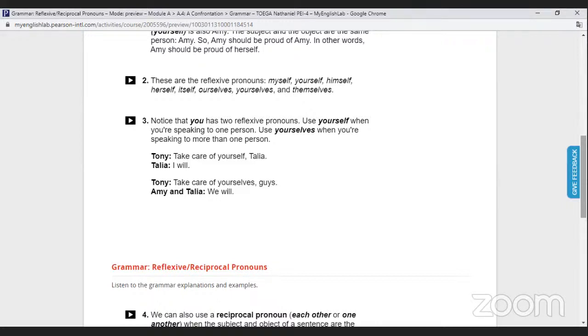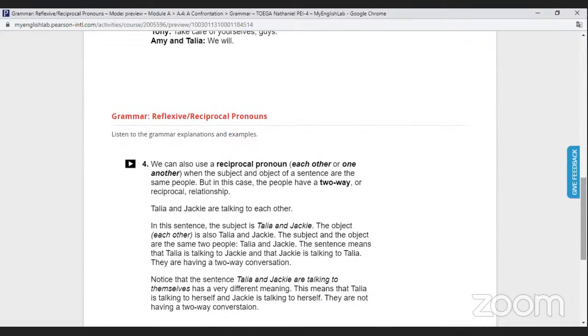Use yourselves when you are speaking to more than one person. The examples, please. Take care of yourself, Talia. I will. Take care of yourselves, guys. We will. Singular and plural, right?